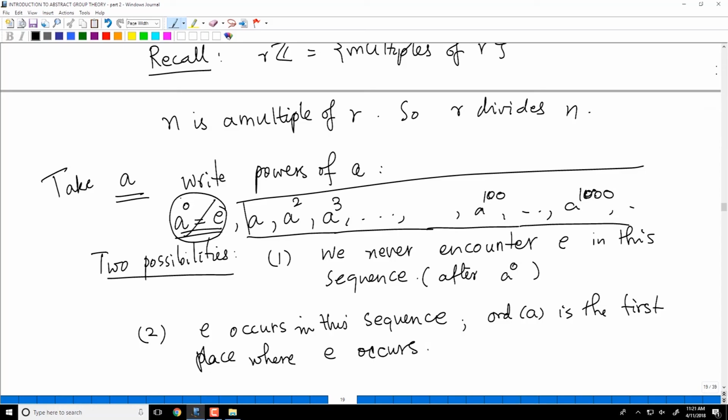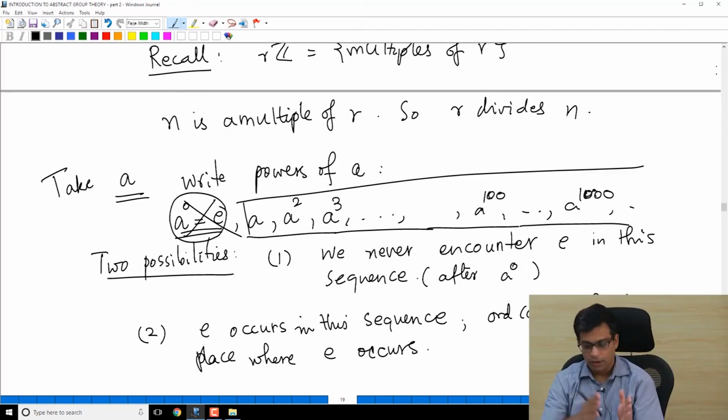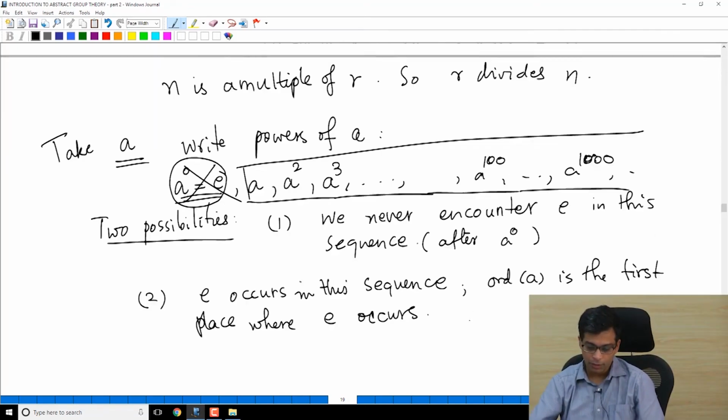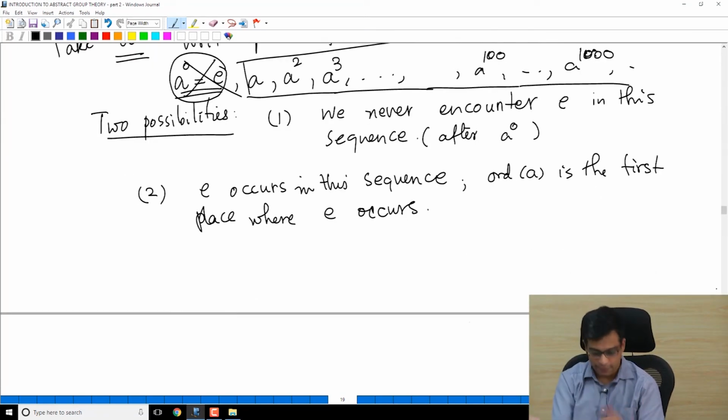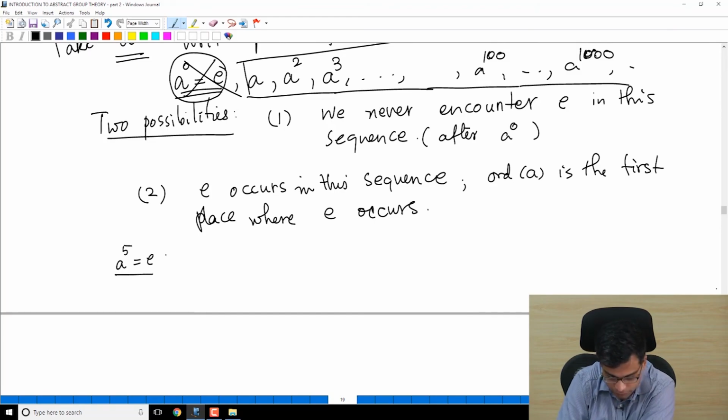Again, I am not considering A power 0, so let me not even put that in the sequence. I keep looking at A squared, A cubed, A power 4, A power 5 and so on, and the first time I see E, if it's A power R, then R is the order of A. And the point is, the sequence then repeats. So suppose A power 5 is identity.